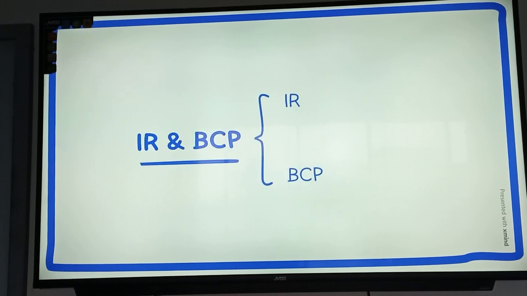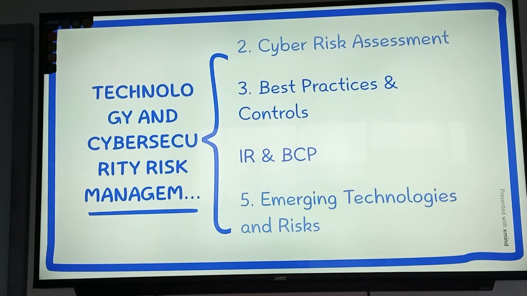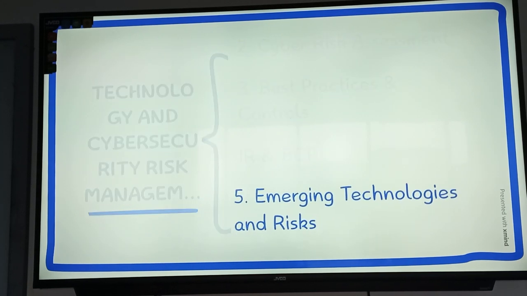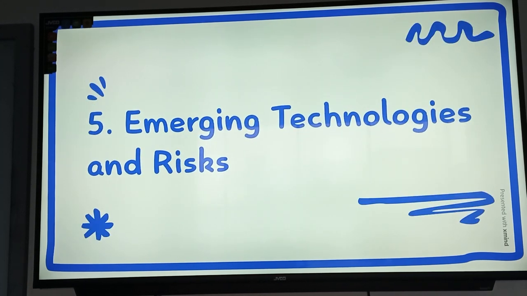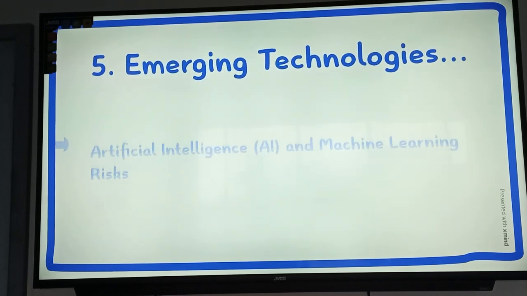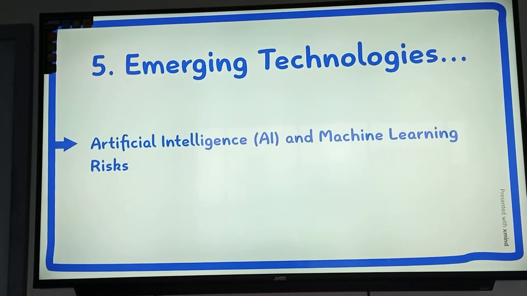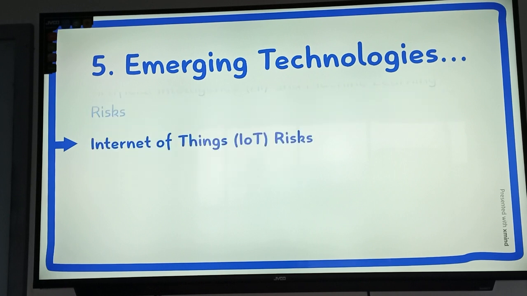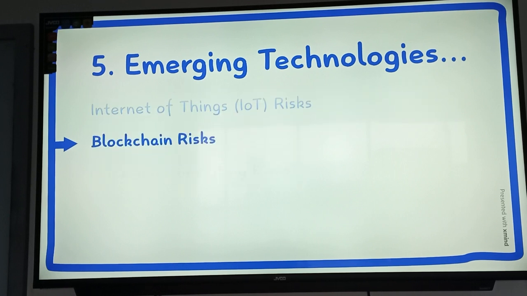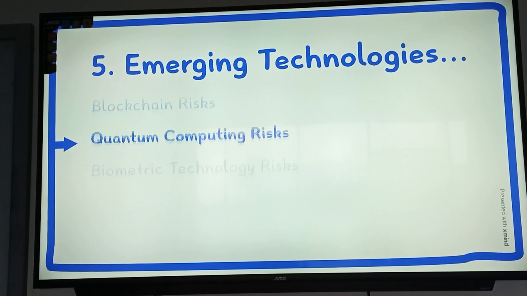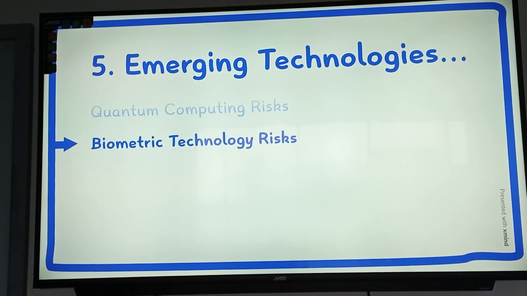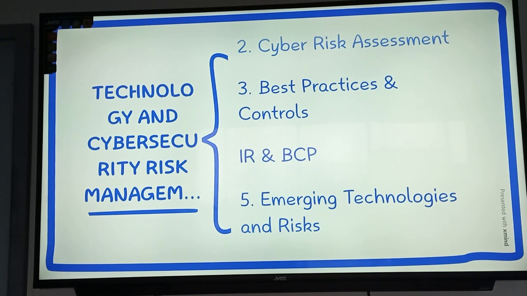The last topic we discussed was emerging technologies and risk, in which we talked about artificial intelligence and machine learning. We discussed Internet of Things, blockchain risks, quantum computing risks, biometric technology risks. That's all in this chapter.